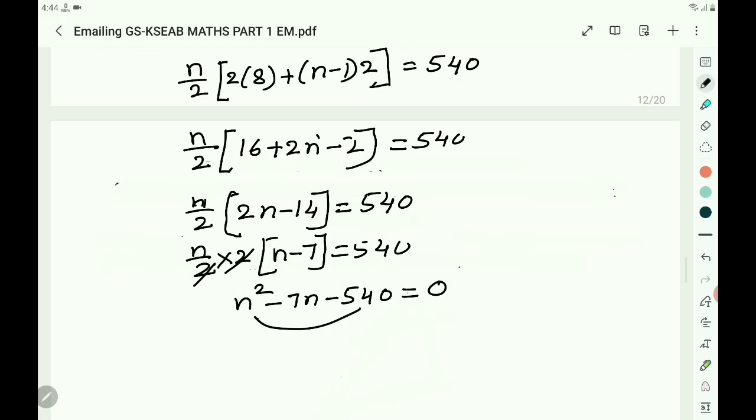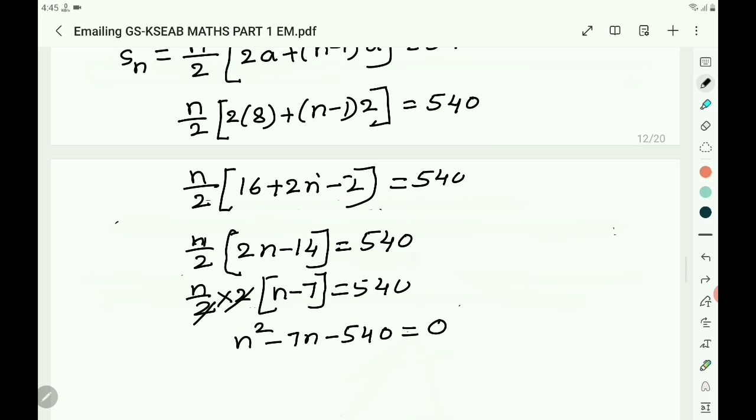Here the product PQ is equals to what? n square into minus 540, which is equals to minus 540 n square, and P plus Q equals middle term 7n.